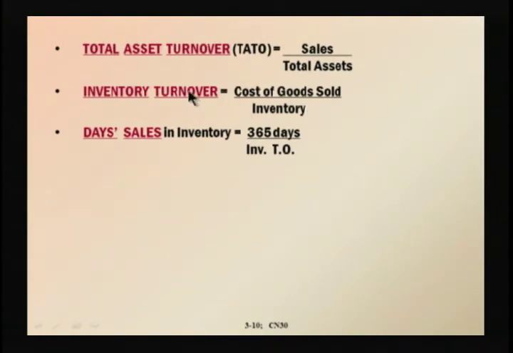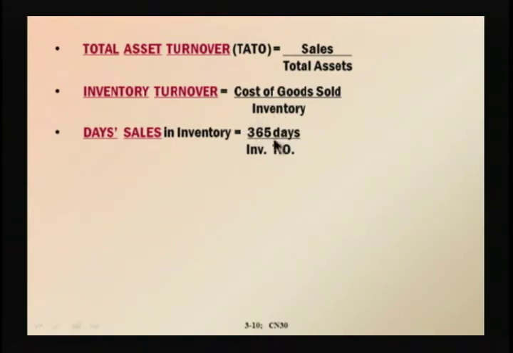For example, if you turn your inventory over a dozen times during a year, that's approximately once per month. If you turn the inventory over 12 times during the year, that means your average inventory item is purchased into your inventory stockpile and sold, and then repurchased and resold, and you go through that purchase sales cycle 12 times. You would have about 30 days worth of your sales in inventory.